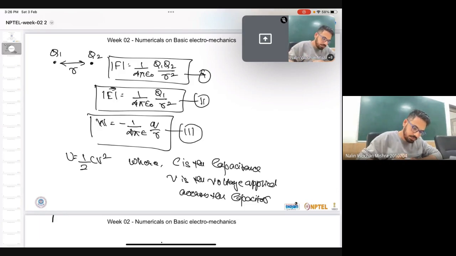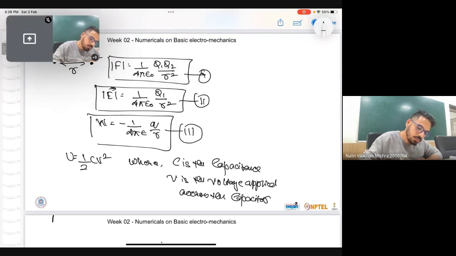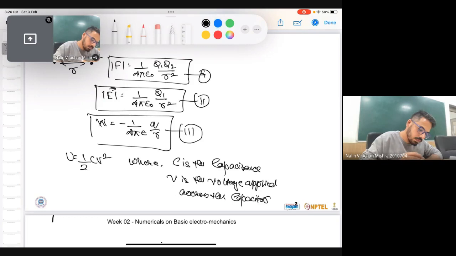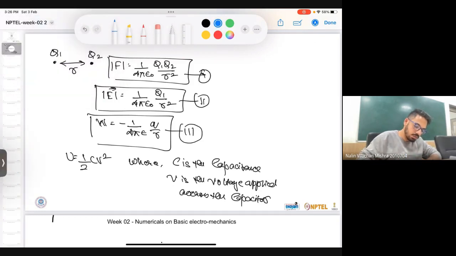Also, charge Q is equal to CV, so that C will be Q by V. Hence, if we want to write the electrostatic energy in terms of charge, U will be half QV.